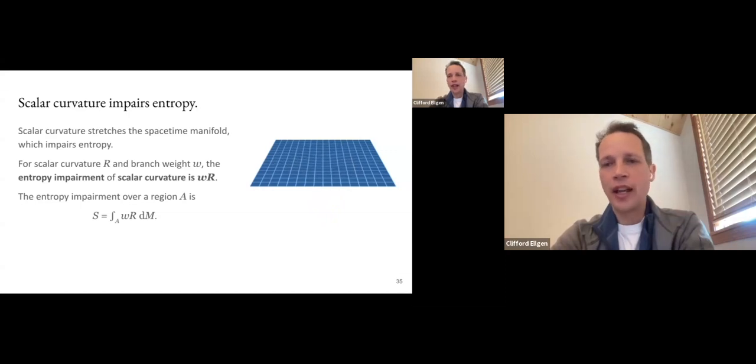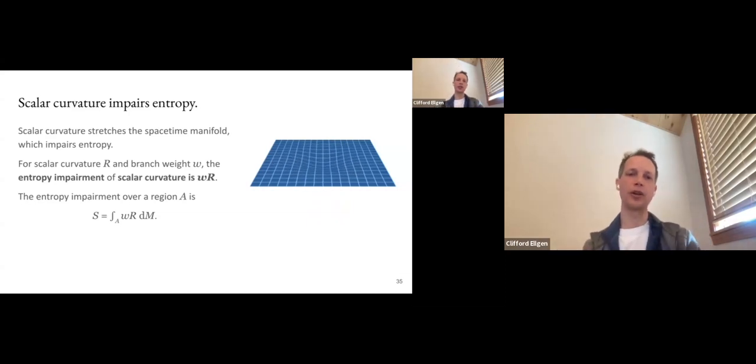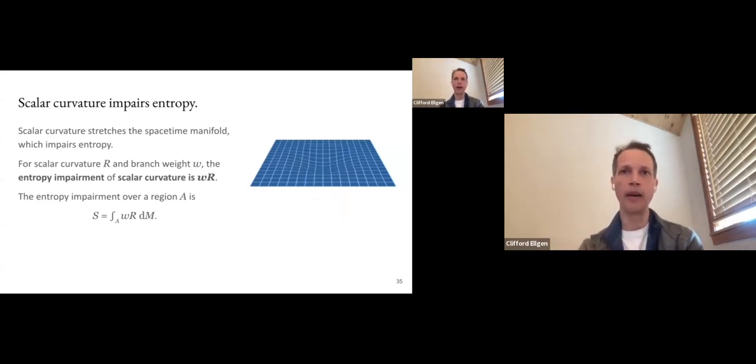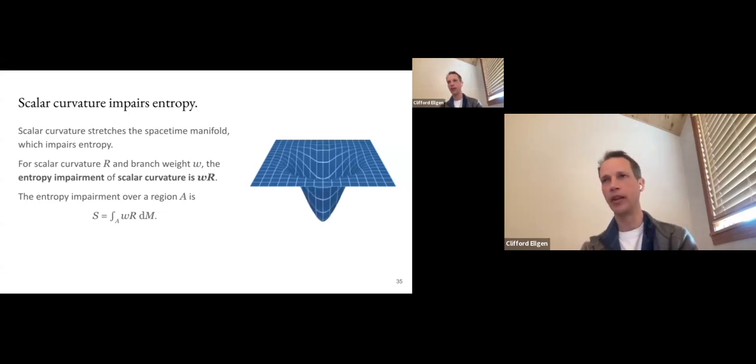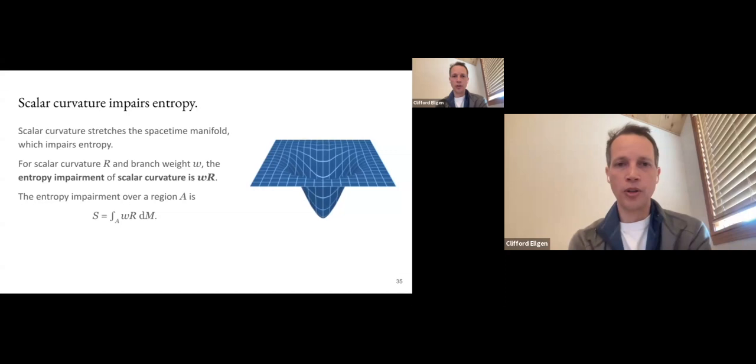Let's say that the branched manifold on the right represents 10 branches that are all very close to each other. As we pull it out, they stretch. Then there'll be a certain amount by which those 10 branches pull back against that stretching. But if there were 1 million branches, then of course they would pull back more. Each of those branches makes its own contribution to the total entropy.